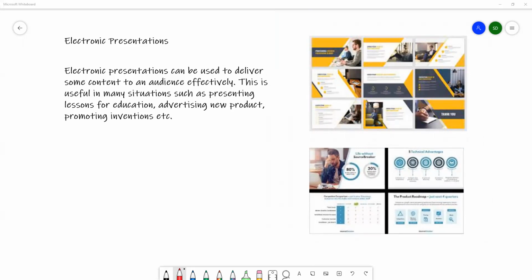So this is interesting. So let's take down electronic presentations can be used to deliver content to an audience effectively. This is useful in many situations such as presenting lessons for education, advertising, new product promotion, invention, and so on.